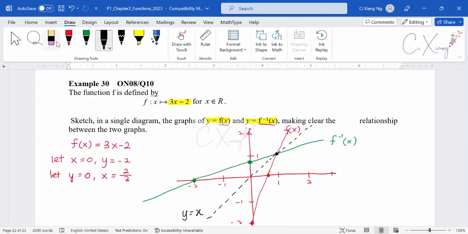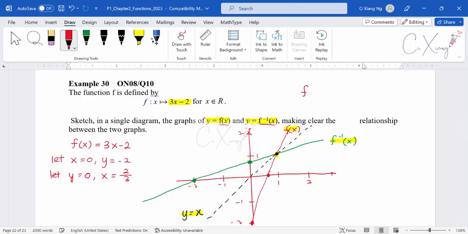And you will see that the function f inverse, the function f, and also the line y equals x will be having the intersection point at the same point. Always, all right? So this is the small detail that you need to know as well.